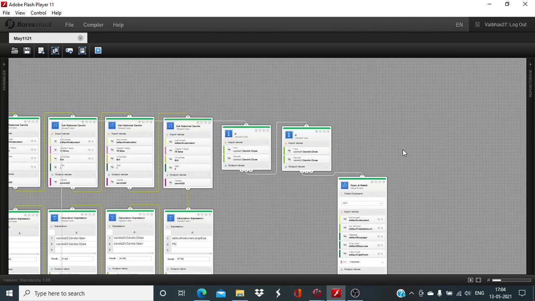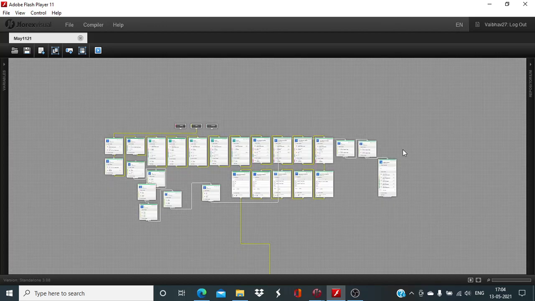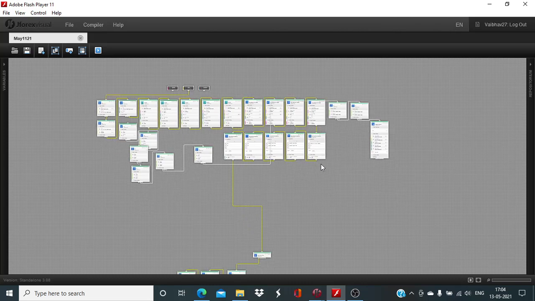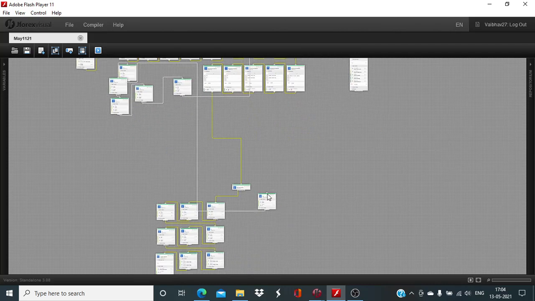We will arrange these blocks, and then we will have to start defining the parameters for the execution of the open at market block for the sale trade.